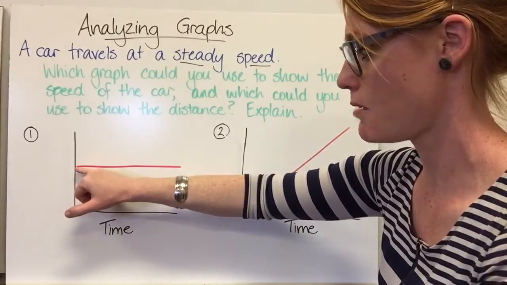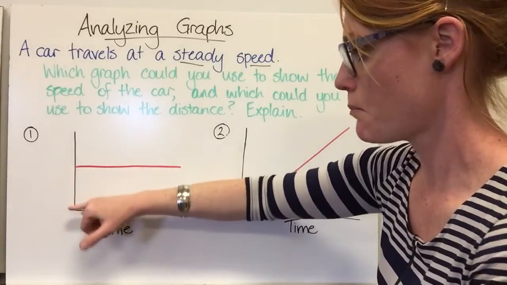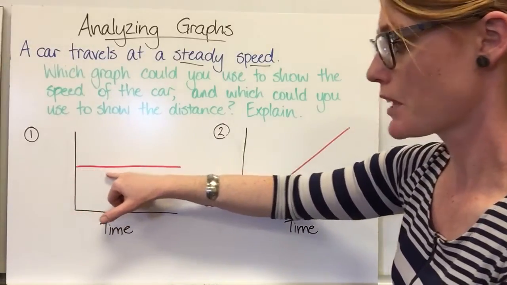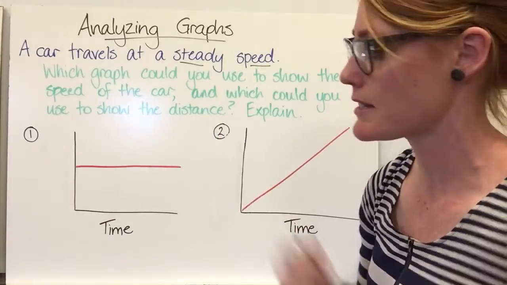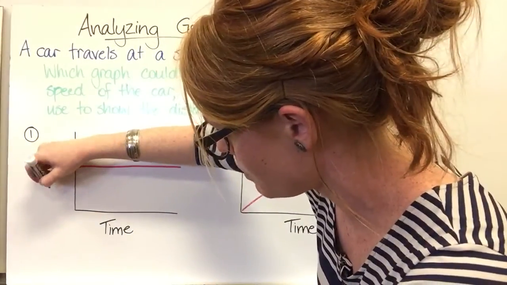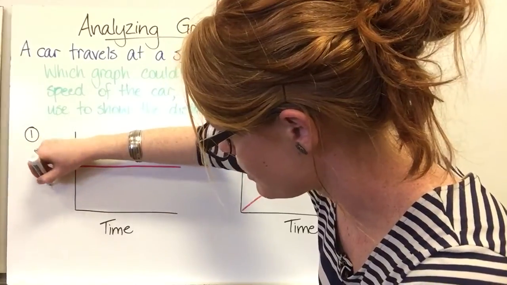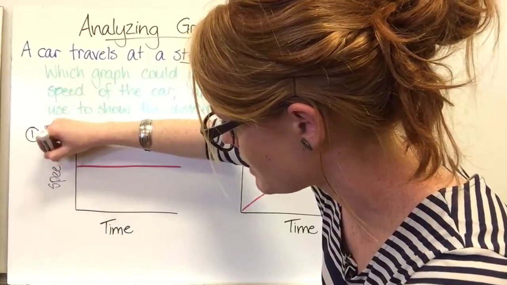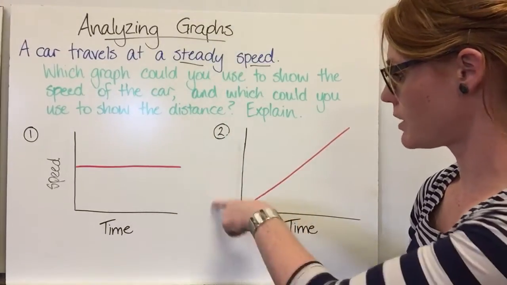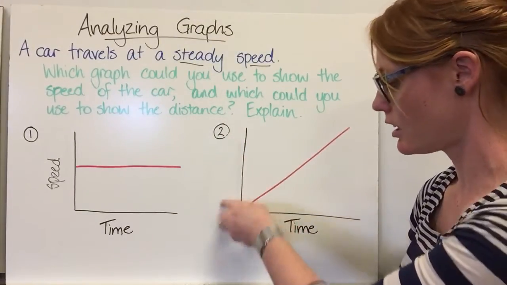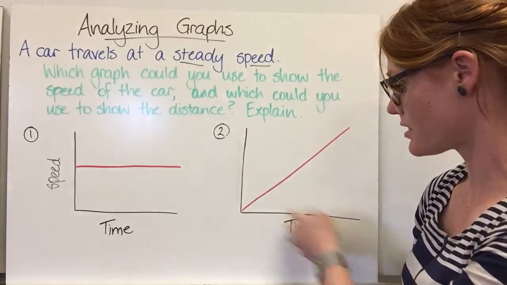It's staying the same because it's the same amount up that number line. We know that the speed is steady, which means it's staying the same. So this variable must be speed.